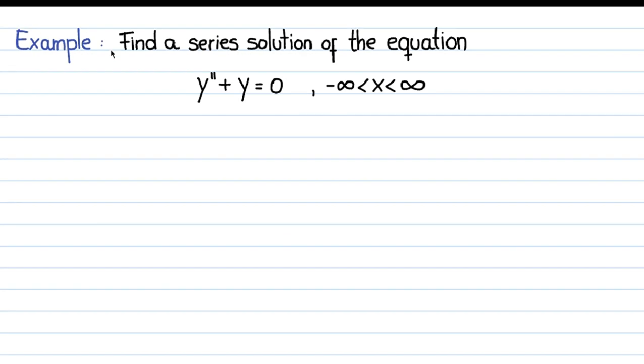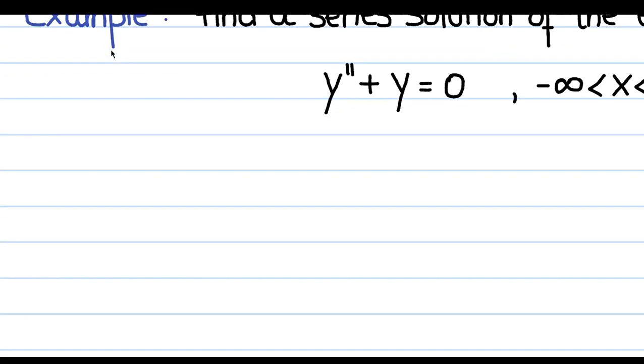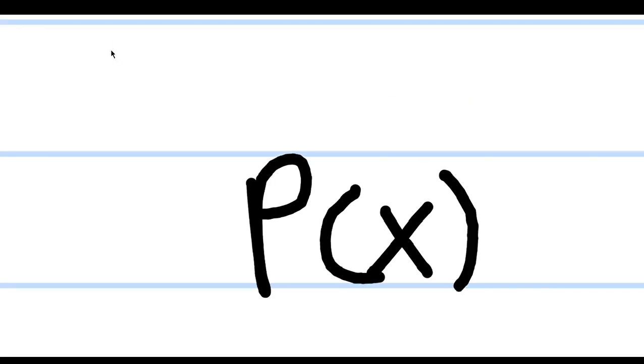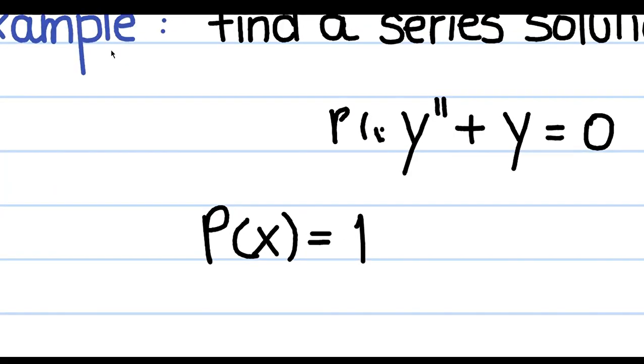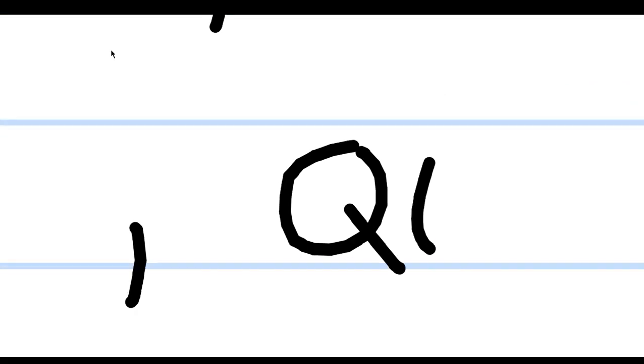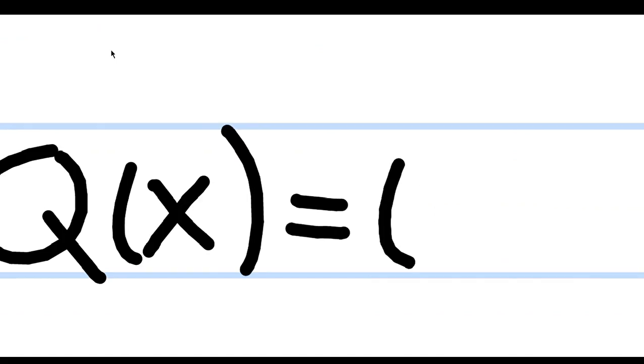This example asks us to find a series solution of the equation y prime prime plus y is equal to 0. This is an easy example because the coefficients are constants. In this case, p of x is equal to 1, q of x is equal to 0.